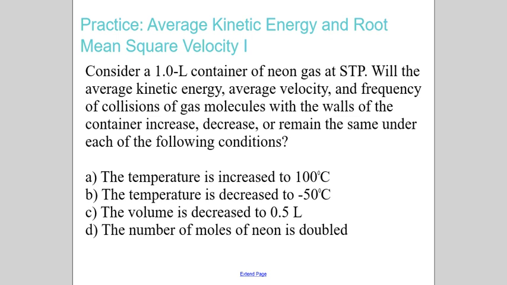For B, the temperature is decreased. Then the volume is decreased in C from 1 liter to 0.5 liters, because again, we're at STP in a 1 liter container. And then in D the number of moles is doubled. So we'll look for each one. Try A, B, C, and D, pause the video, all that fun jazz, you know the drill by now. And I will talk through the answers in 5, 4, 3, 2, and 1.